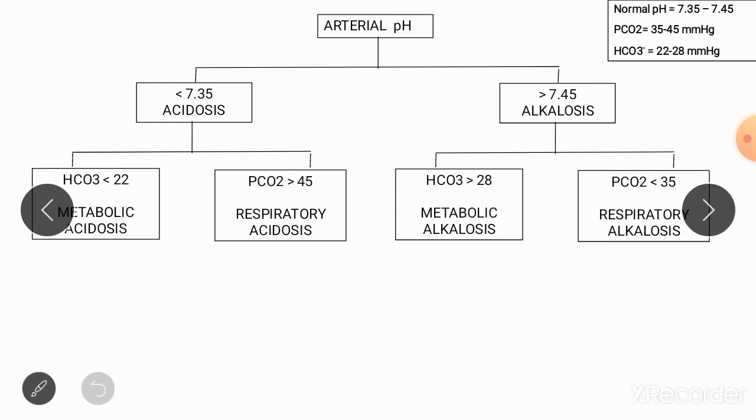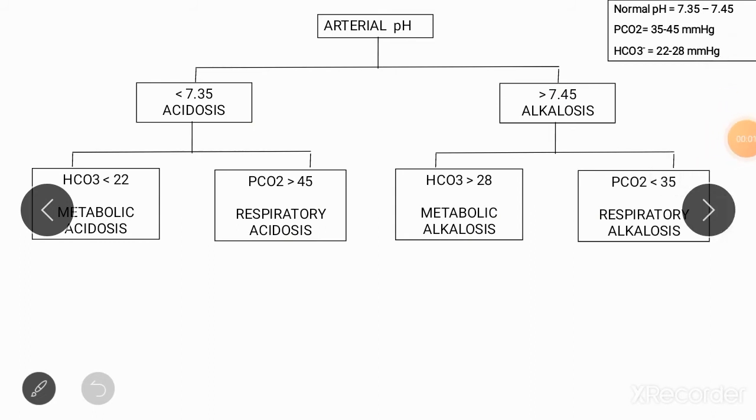So this is how you make a diagnosis of either acidosis or alkalosis, and which type the person is suffering from, by looking at the values of partial pressure of carbon dioxide and the concentration of bicarb in the blood.